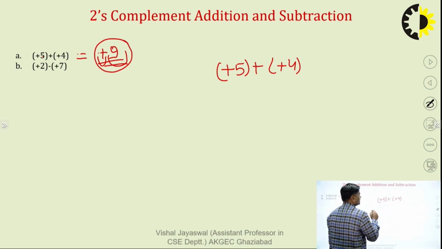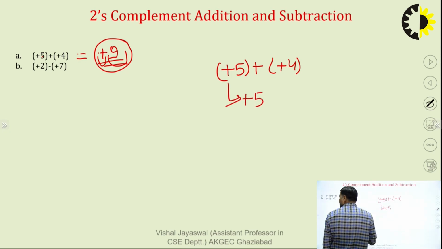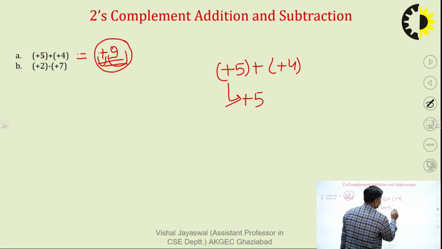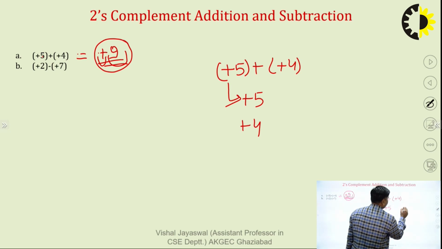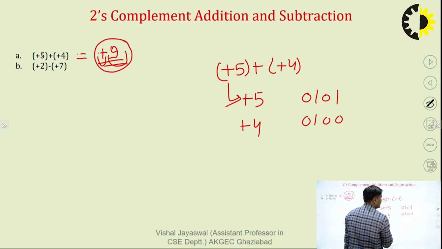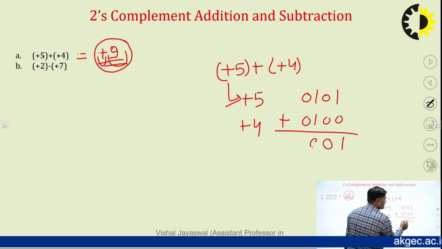So let's perform this question. Plus 5 and plus 4. Plus 5 means we write 0 1 0 1. Plus 4 means 0 1 0 0. We want to add these numbers. 1 plus 0 is 1, 0 plus 0 is 0, 1 plus 1 is 0 with 1 carry, 1 plus 0 is 1.